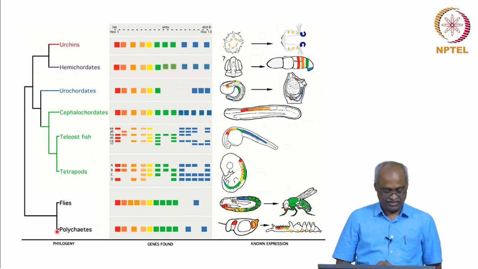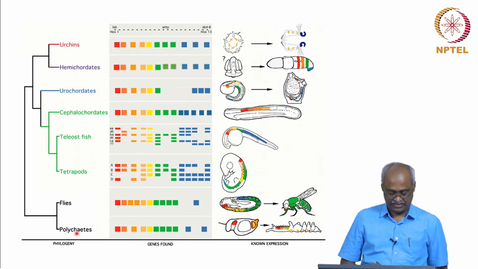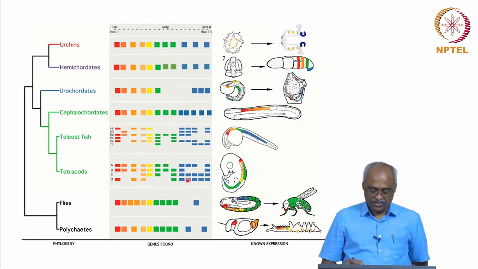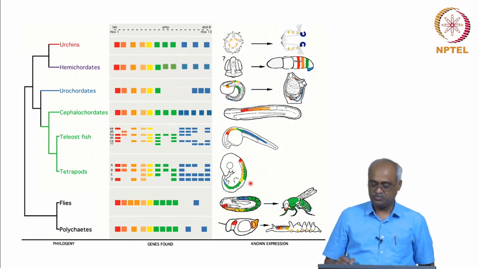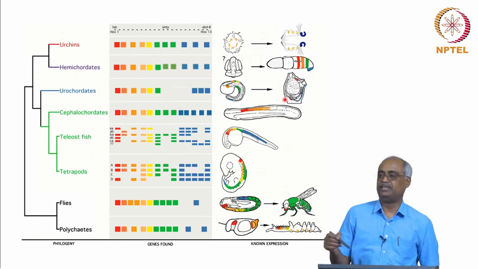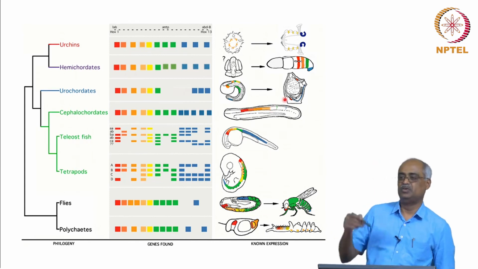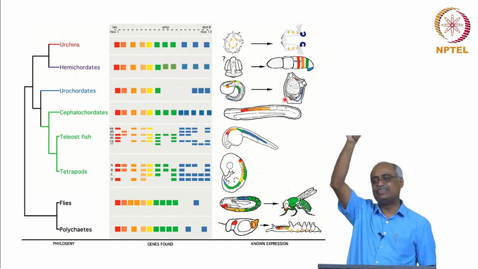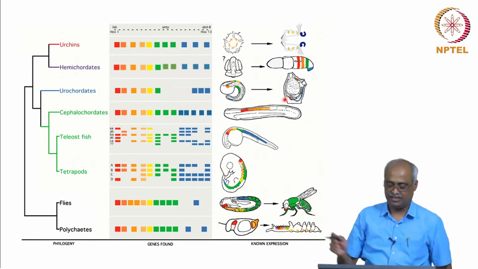It starts with a common ancestor probably of flies and these polychaetes and goes on to tetrapods. We come from tetrapods, four-legged animals, and then fishes, and the cephalochordates. Chordates means anything that makes a notochord. The notochord is the most general structure including us, fish, everything.